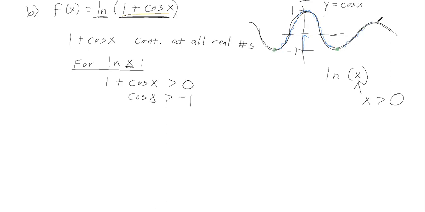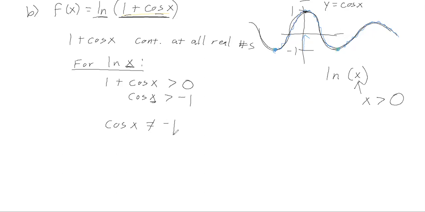So where is it greater than -1? Well, that's where it's not equal to -1. So really, what this boils down to is, let's find out where the cosine of x is not equal to -1, okay?